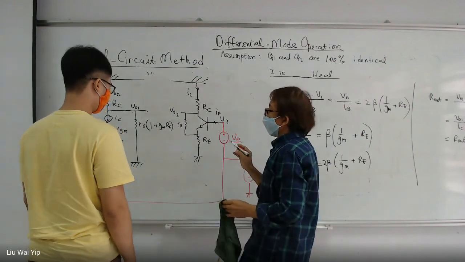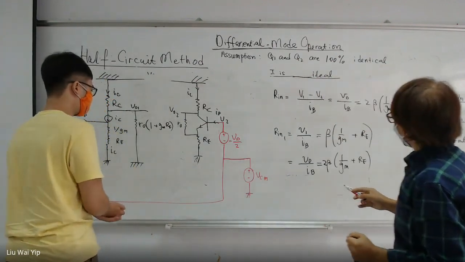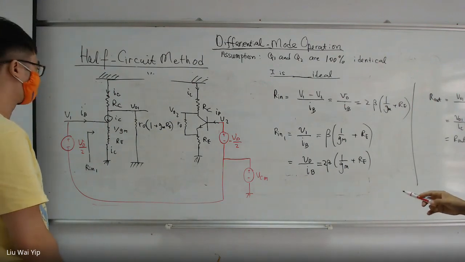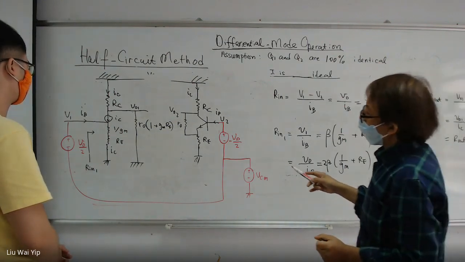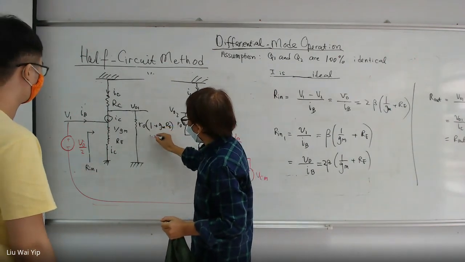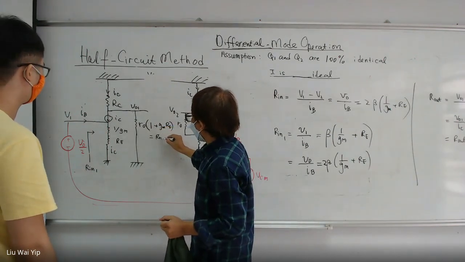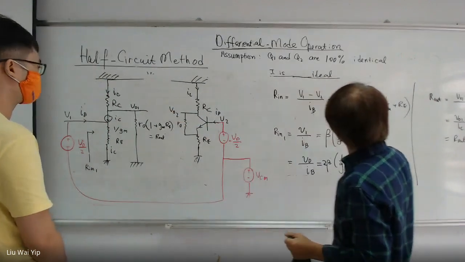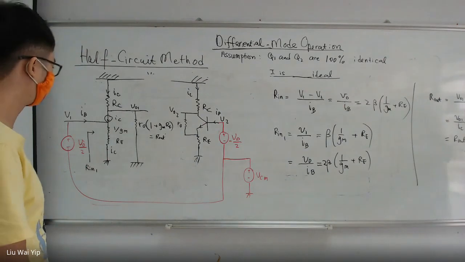So now you have already got the so-called ro. And what is the total output resistance for the left branch?